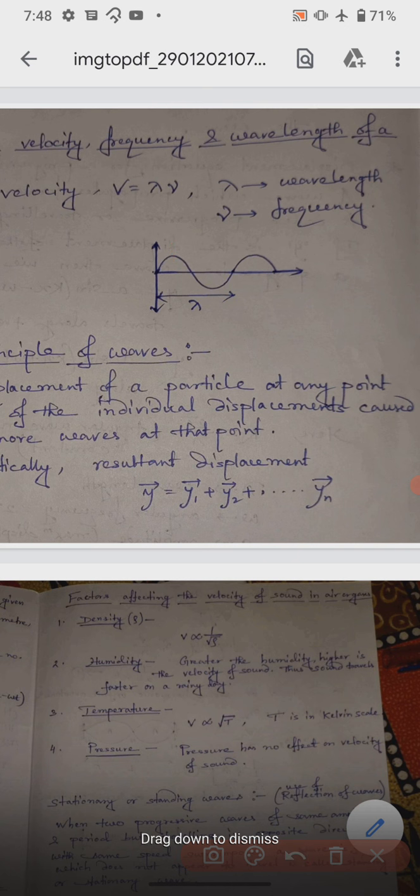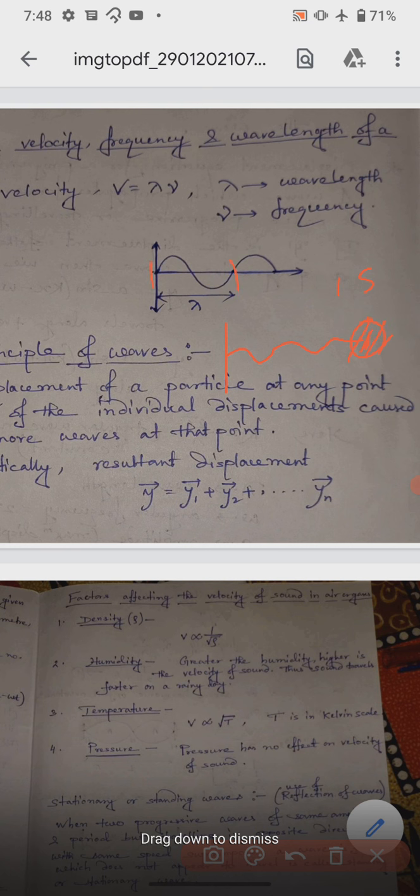Then frequency, which we represent by nu. Suppose there is a wave traveling through this region. Frequency means the number of wavelengths passing through this region within 1 second.